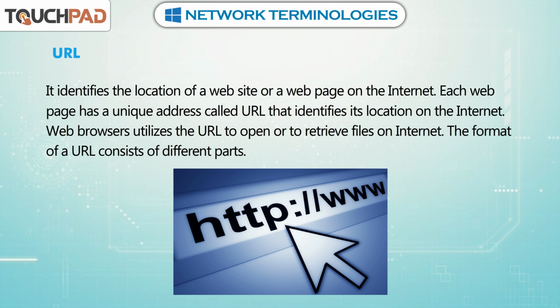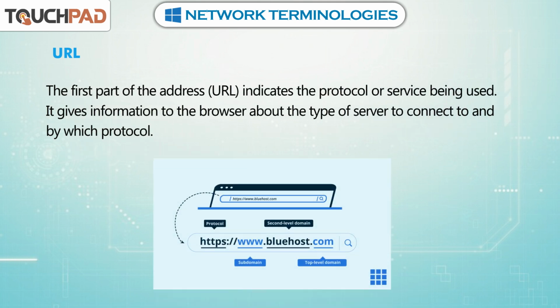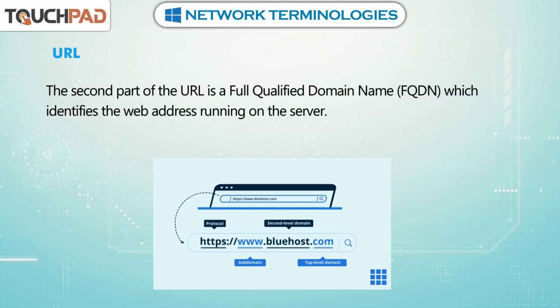The format of a URL consists of different parts. The first part of the address, URL, indicates the protocol or service being used. It gives information to the browser about the type of server to connect to and by which protocol. The second part of the URL is a fully qualified domain name, FQDN, which identifies the web address running on the server.